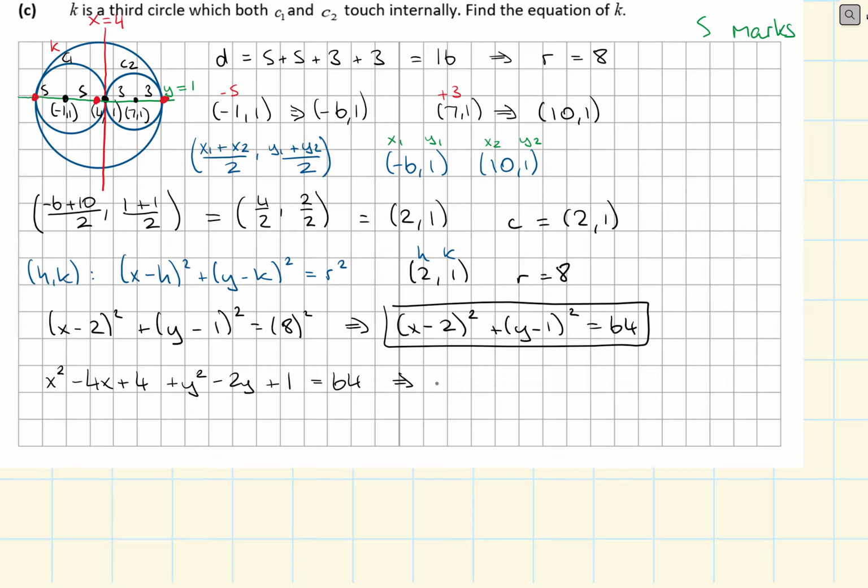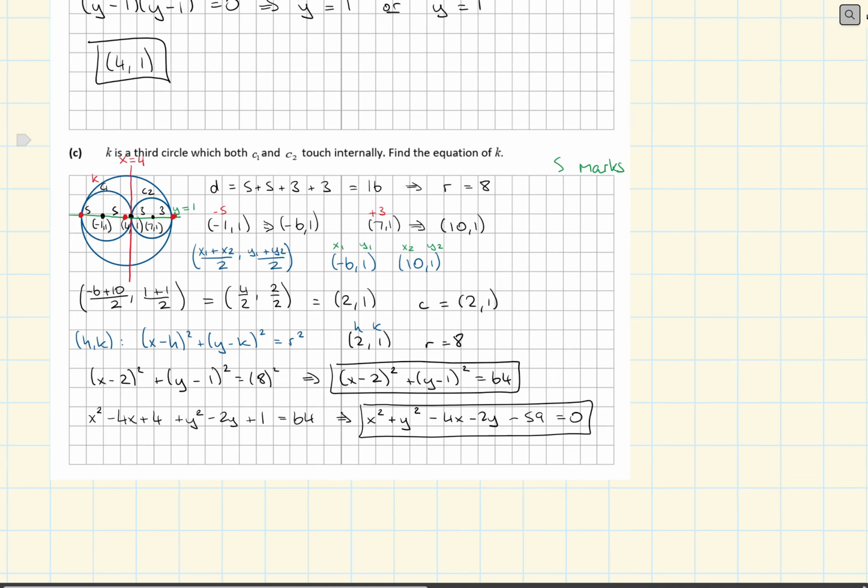Bring it all over to one side and rearrange: x squared plus y squared minus 4x minus 2y. We'd have 4 plus 1 minus 64 will give me minus 59 equals 0. And while the equations might look different, if we were to graph both of them, we would end up with the same circle. Okay, so that's us done for that video there.